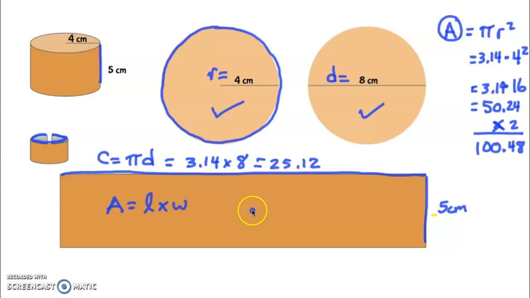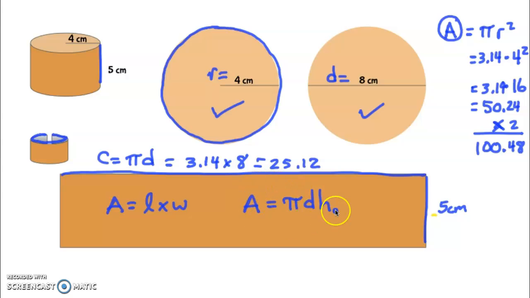And so really what we can do for this surface is think of it as the area of this special rectangle would be pi d, which gives us the length of the rectangle, and the height of the cylinder would give us the width of the rectangle.